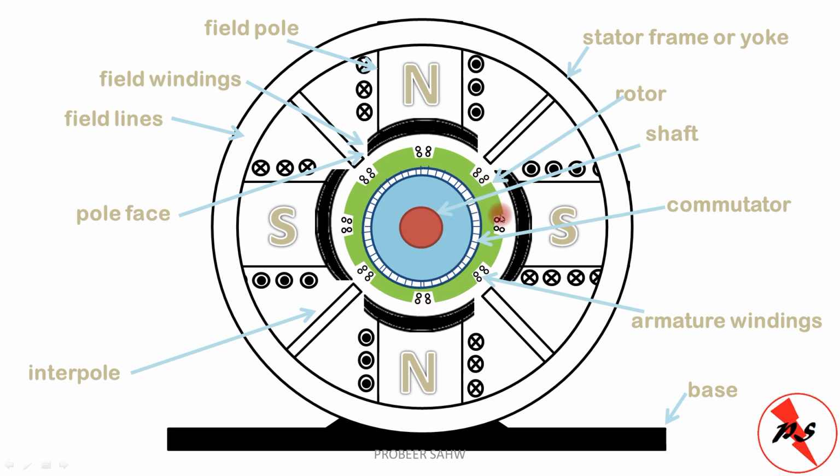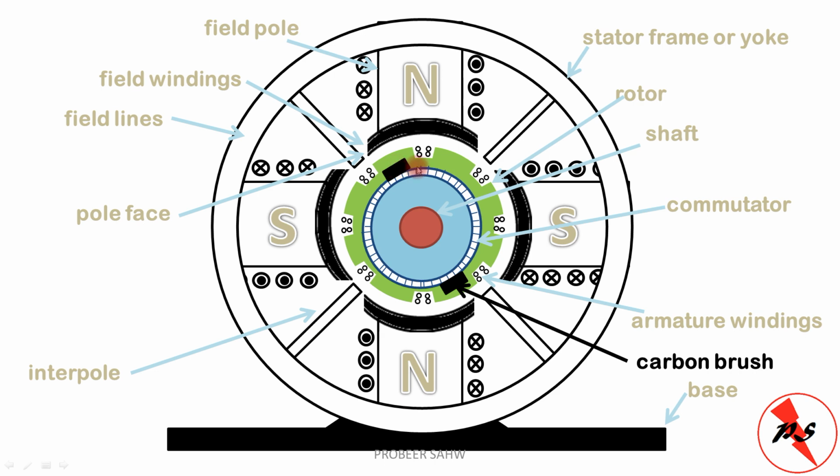On the rotor's outer periphery we have slots in which we have the armature winding, and apart from this we have a commutator. The role of the commutator is that it collects current from the armature winding and then passes it to the outer terminals.